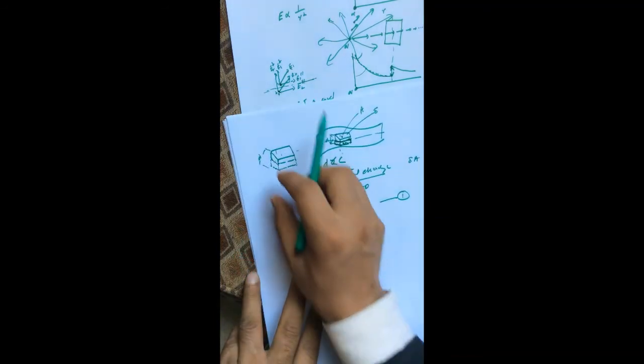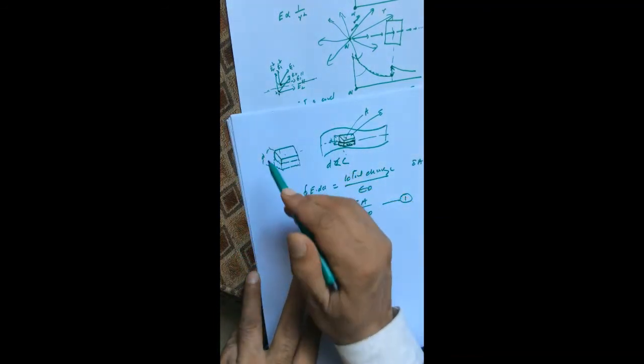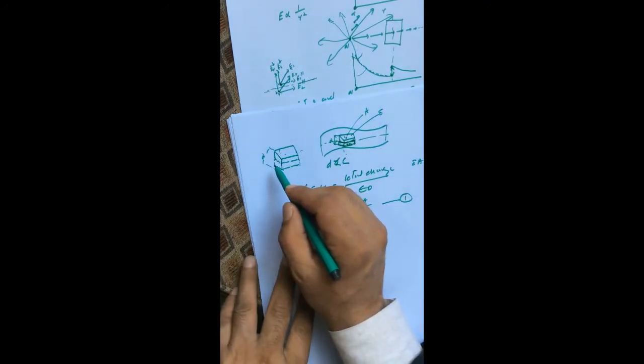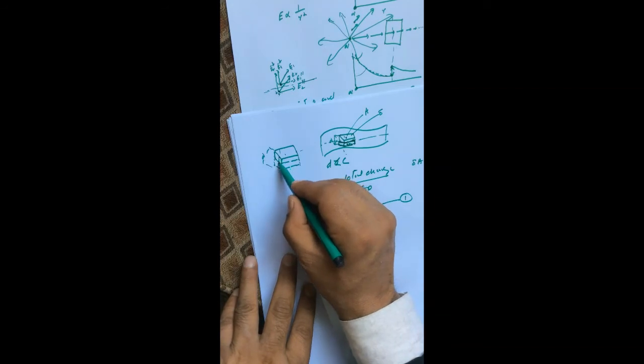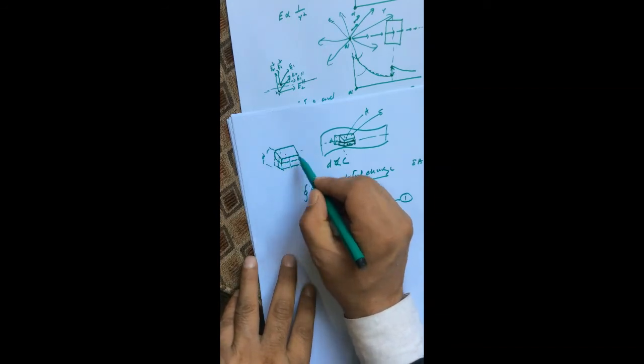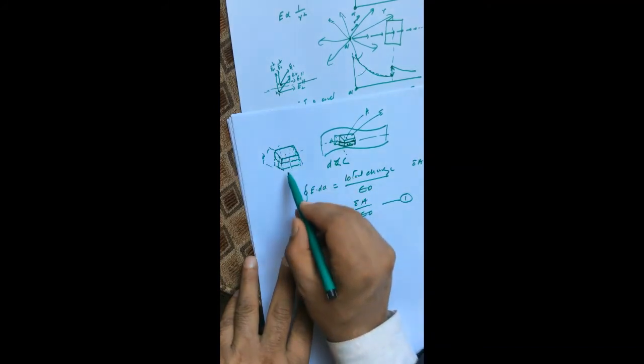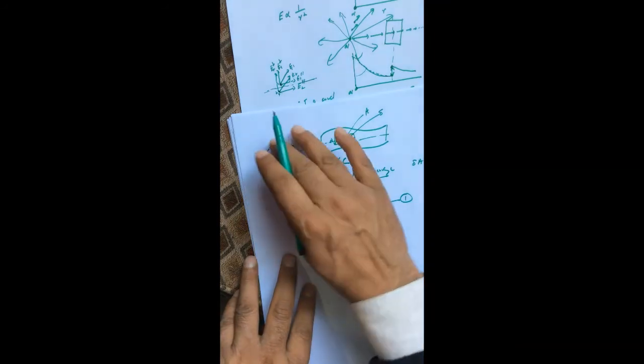But if d is much smaller, like the width is much smaller, then the 4 surfaces will not contribute anything to the flux, because this area is very small, this area is very small, this area is very small. So we have only the top surface left which contributes to the flux, and the bottom surface just below this one.